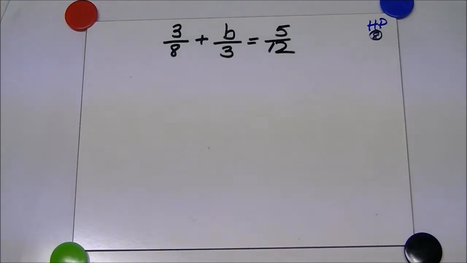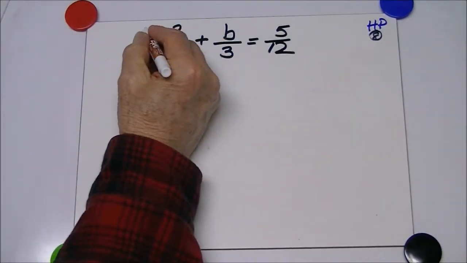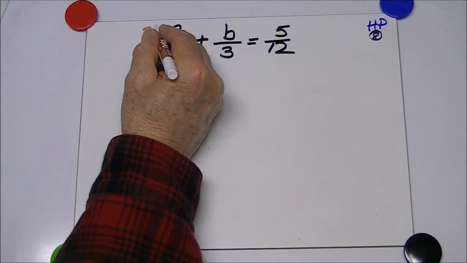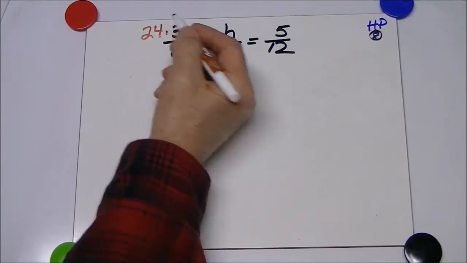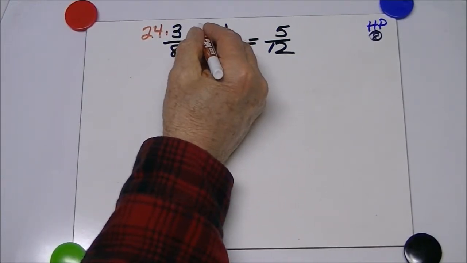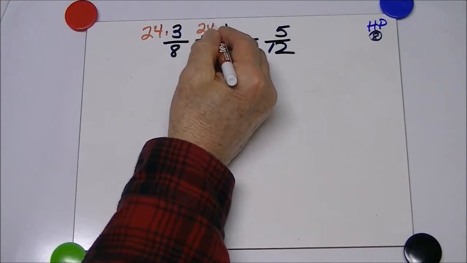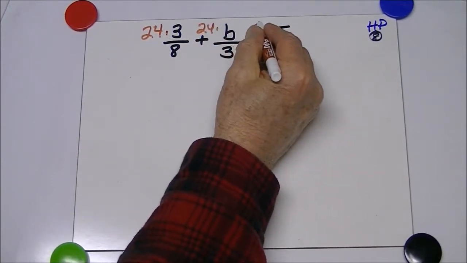So one of the things you're going to talk to each other about is what is the lowest common denominator. And you should have 24. Each term you're going to multiply by 24. And you can do something like this.